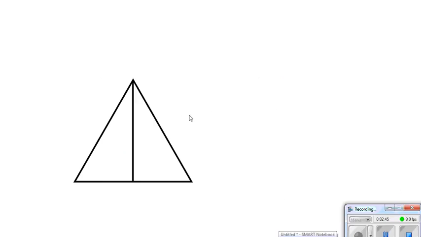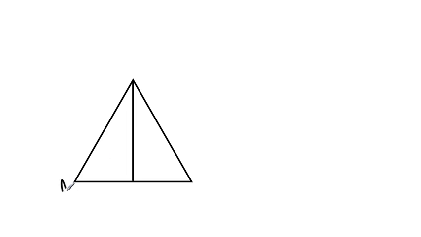Alright, so next question here, we have an equilateral triangle. Let's call this one A, B, and C, and D is the point right in the middle. Now, in an equilateral triangle ABC, each side, let us say, is equal to 6.